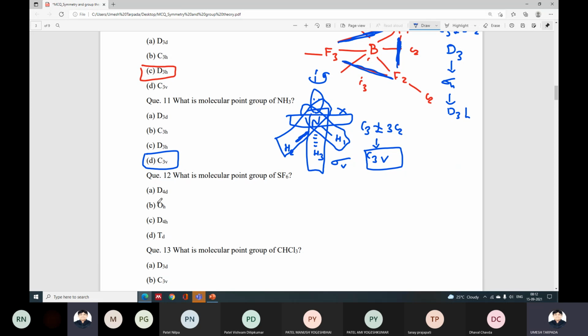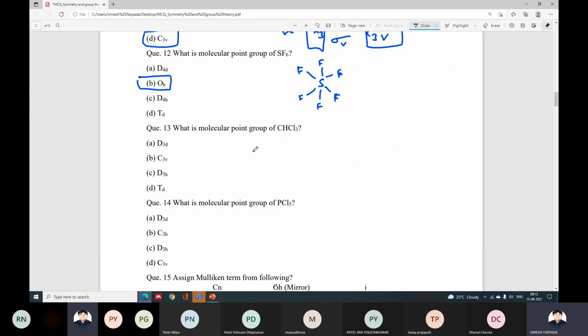What about SF6? Octahedral. It is a class of special point groups where the principal axis is more than 1 in number. What about CHCl3?